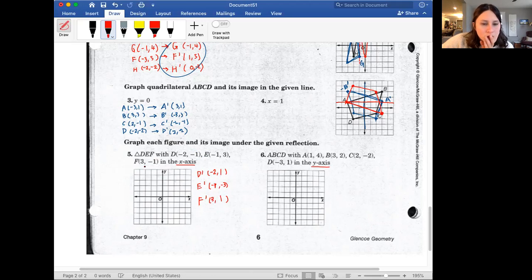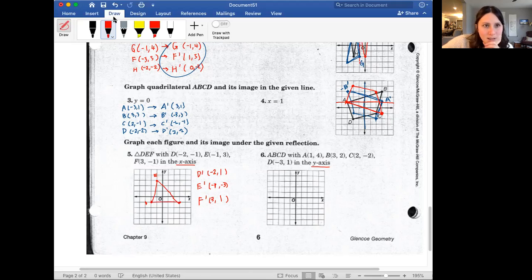Okay, so then let's draw it. -2, -1, there's D. -1, 3, there's E. 3, -1, there's F. So connect your dots, draw it out.